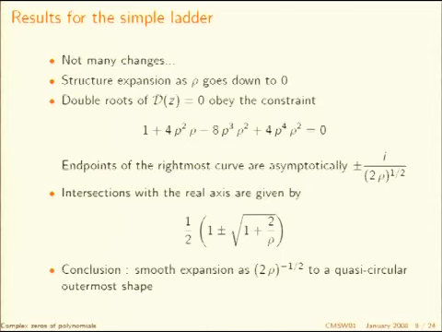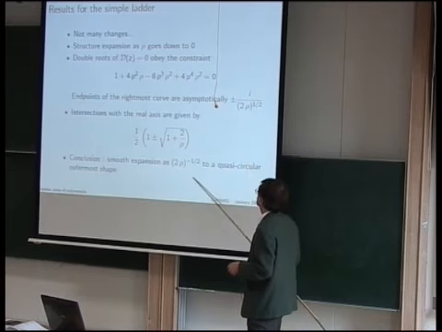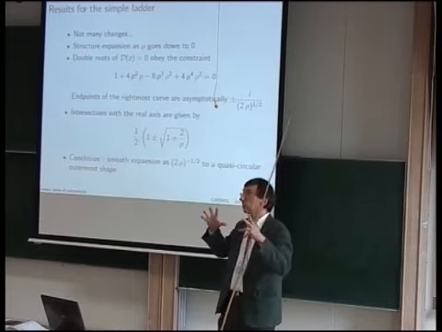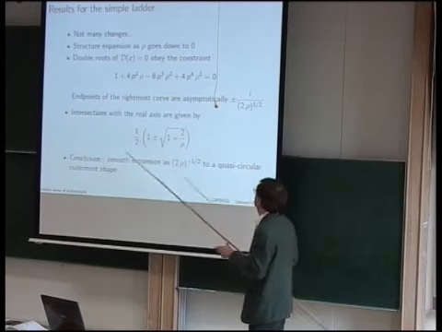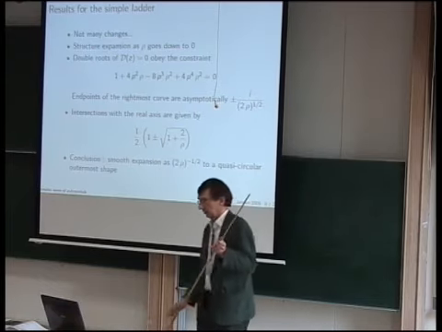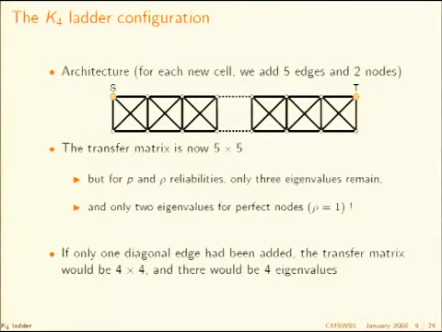Similarly, the endpoints on the real axis can be computed exactly, and this gives again a similar dependence. Basically the outer shape of the curve is quasi-circular, and the rate of expansion is given by this power law behavior.